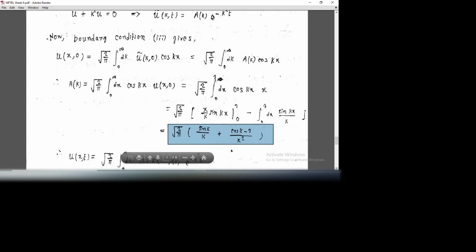It is only non-zero for x going from 0 to 1. So use that one, do this integral, and you will get this result. So this is the result for ak.